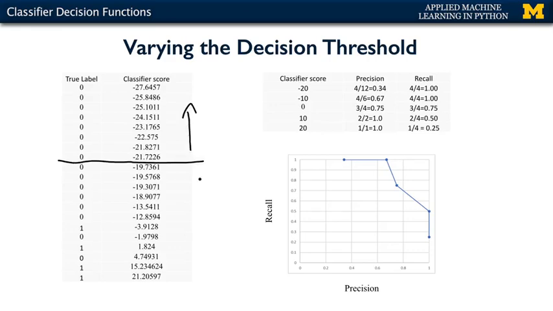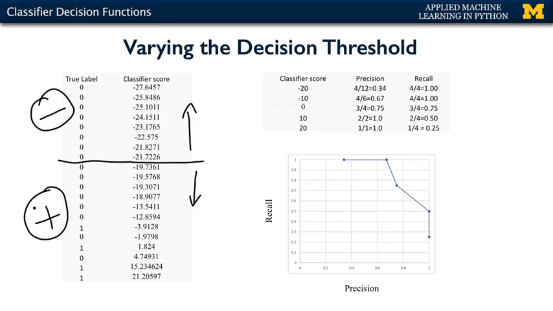And all the instances in this direction are above the threshold of -20. And so the ones below the threshold will be predicted to be in the negative class, and the ones above the threshold will be predicted to be in the positive class.